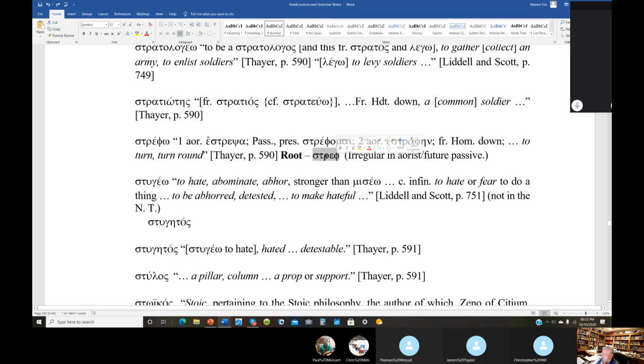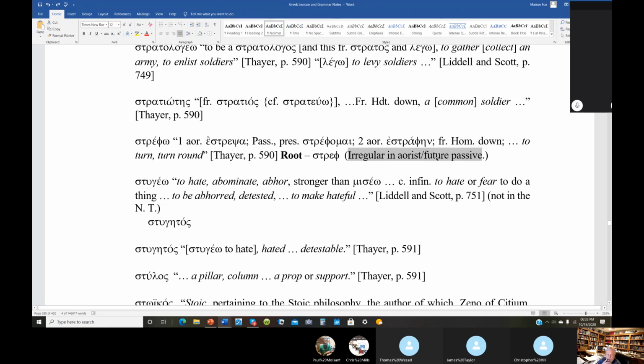If we change that epsilon to an alpha right there, there's your stem, and the epsilon changed down here to an alpha. I've got it labeled now. Here's your basic root. What happened is it's irregular in the aorist passive. It's also irregular in the future passive.